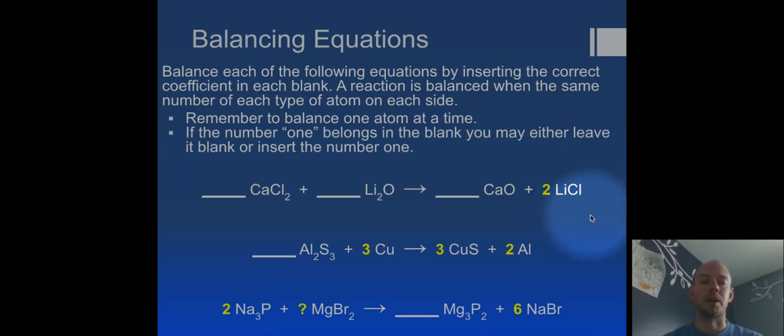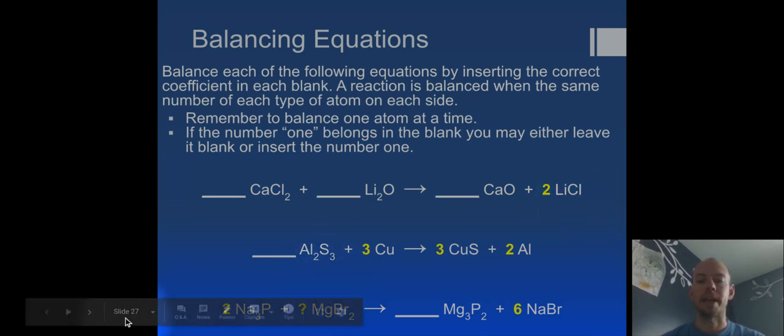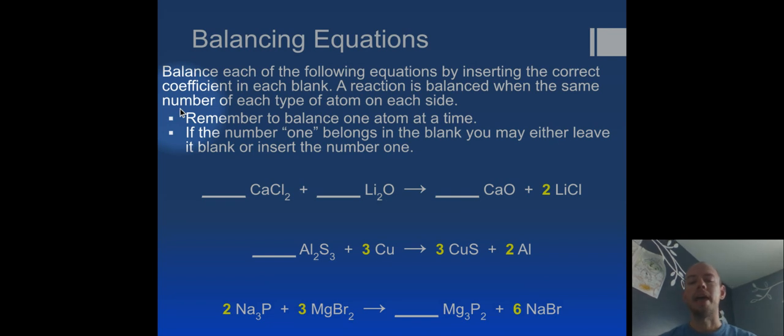And my question mark in front of the magnesium bromide can now become a 3. And as I do that, I have 6 sodiums on the left, 6 on the right. 2 phosphides on the left and 2 on the right. That balances that one. 3 magnesiums on the left, 3 on the right, and 6 bromines on the left and on the right.